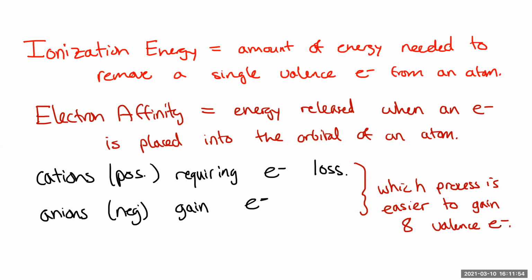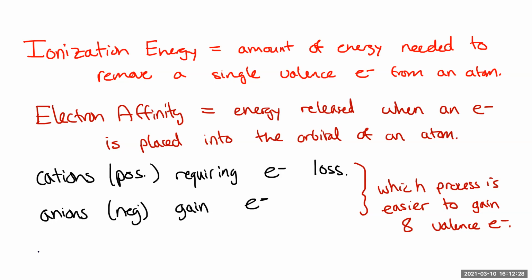Because think about it this way: if you have 1 or 2 electrons in your outermost shell and you remove those electrons, now your quote unquote new valence shell is guaranteed to be full. So removing 1 or 2 electrons is energetically more favorable than adding 6 more electrons. You have to find 6 electrons and find places to bring them from, okay? You have to pull those 6 electrons off of something.